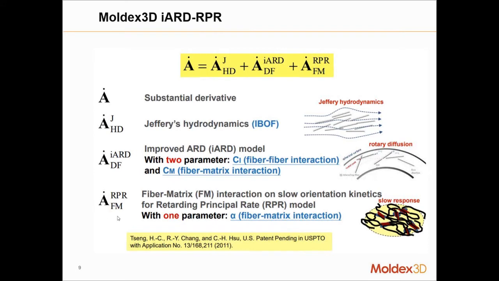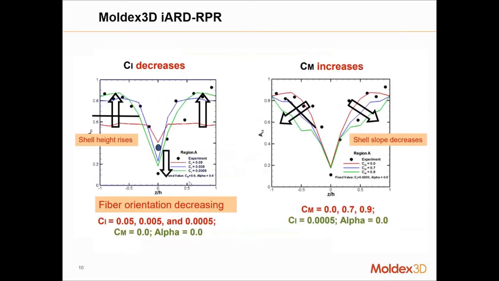The Fm, or really I guess it's the retarding principal rate, the fiber matrix interaction coefficient down here, alpha, is going to allow us to control a lot of what's happening right at the surface of the mold. And that's what I mentioned earlier: the fiber orientation right in that skin layer, right at the surface of the mold, is going to be extremely important to approximate the shrinkage that's going to occur.